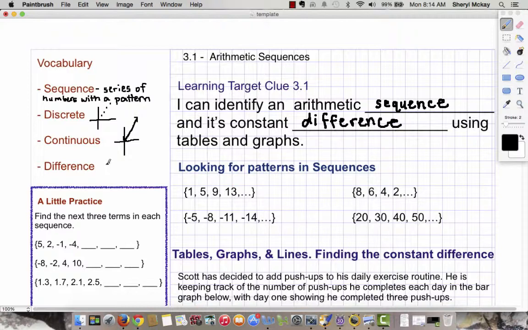And then the last thing is difference. When we talk about difference, we normally mean, oh, that's the answer to a subtraction problem. And that's true. But in this situation, the difference is going to be whatever we do to one number to get to the next number. All right?